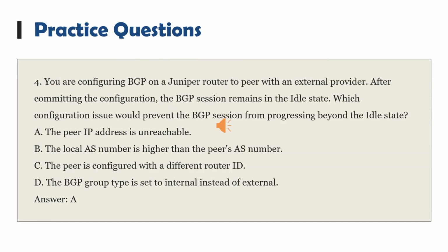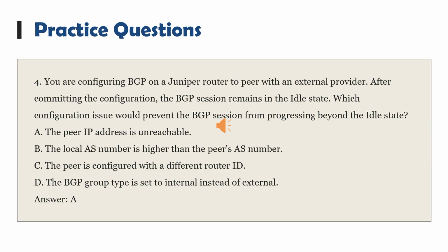4. You are configuring BGP on a Juniper router to peer with an external provider. After committing the configuration, the BGP session remains in the idle state. Which configuration issue would prevent the BGP session from progressing beyond the idle state?